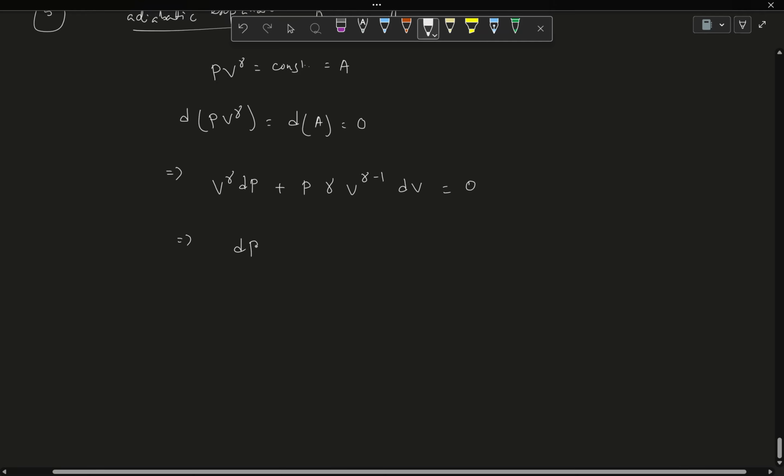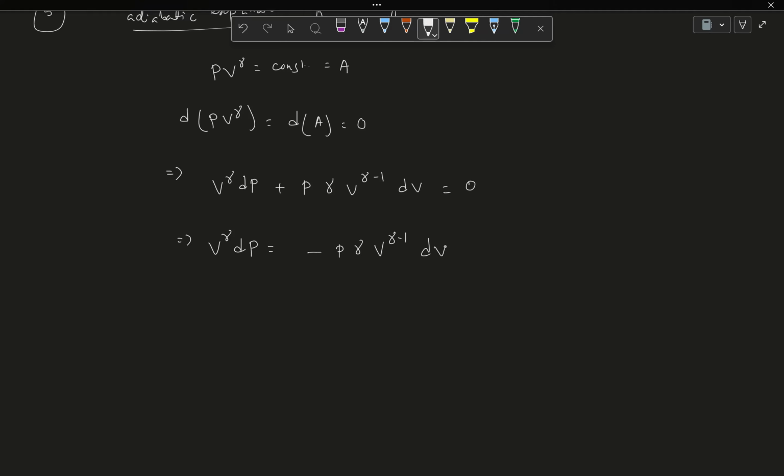So V to the power gamma dP equals minus gamma P V to the power gamma minus 1 dV. So now dP by P equals minus gamma V to the power gamma minus 1 by V to the power gamma dV.